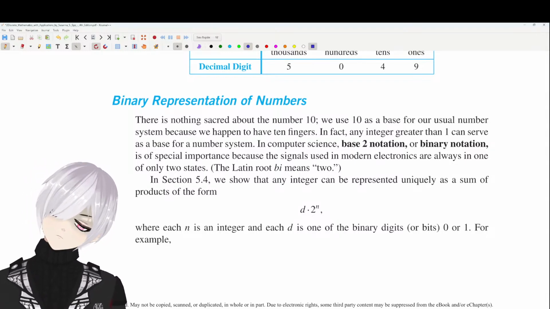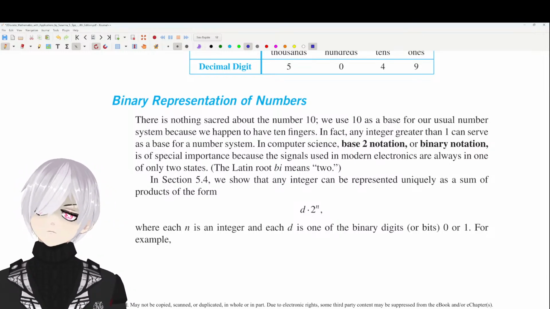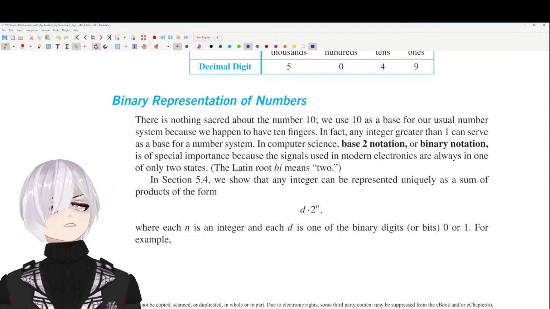But if you have base one, you're only able to have one possible place because there's only one power of one. If the representation of a number has to have each place be a different power of the base, then we can't do that with one. So we'd only ever be able to represent the number one, I guess.